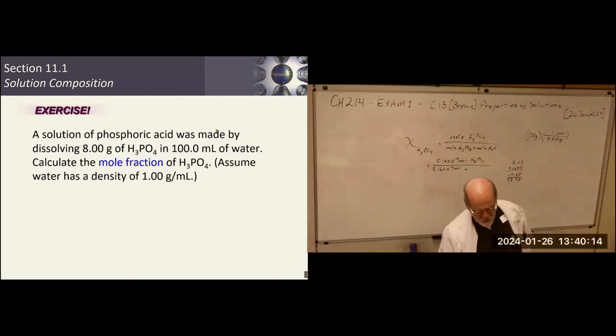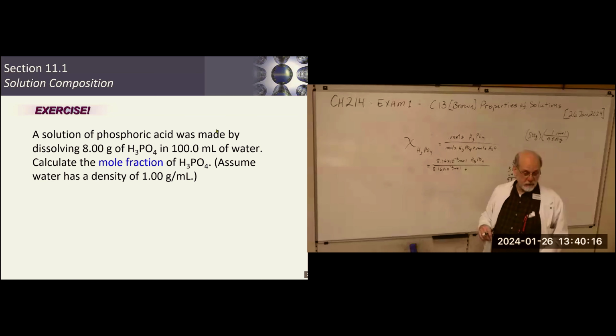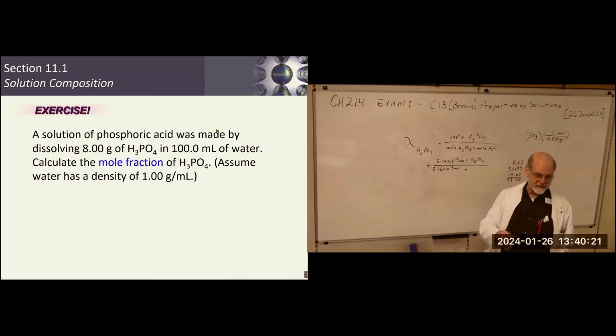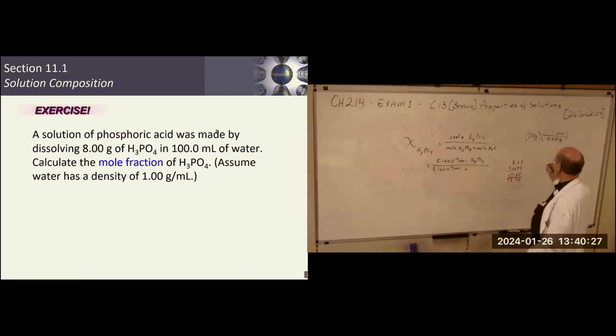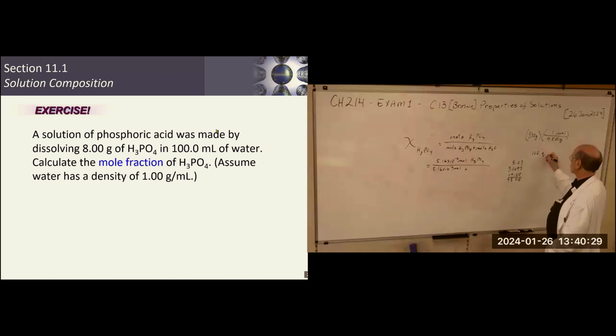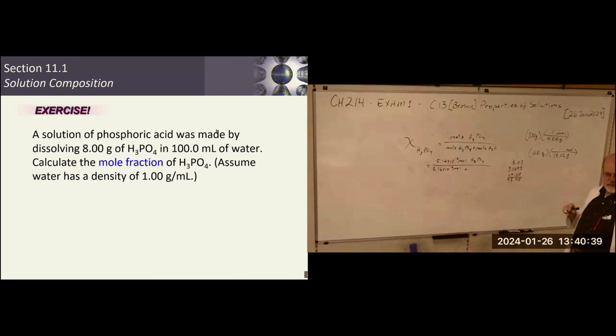We've got 100 milliliters of water. We don't have any conversion from milliliters to moles for water. We've got to have grams. That's why they gave us density. So 100 milliliters of water is 100 grams of water. Okay, so now we got 100 grams of water. And remember the molar mass of water? 16 plus 2.02.